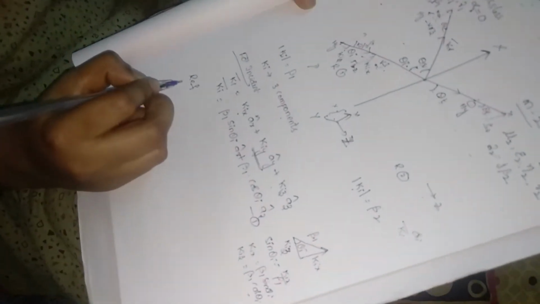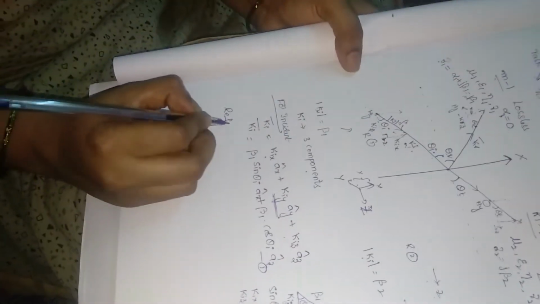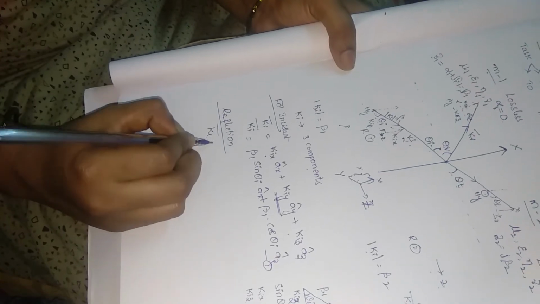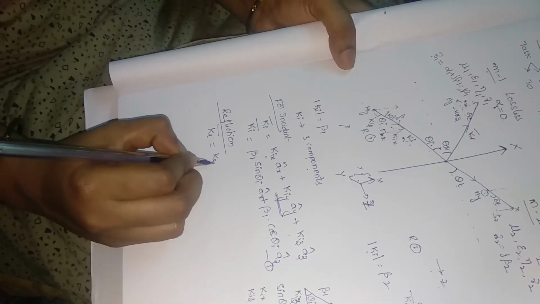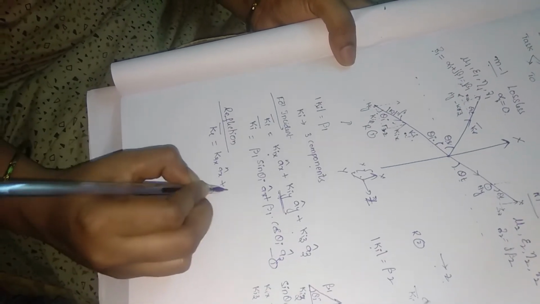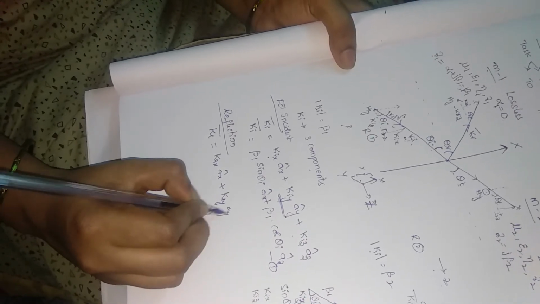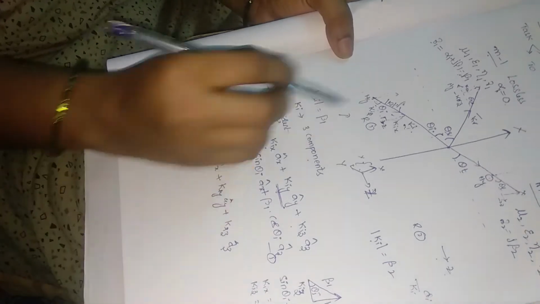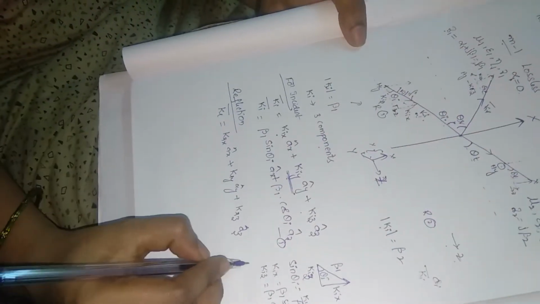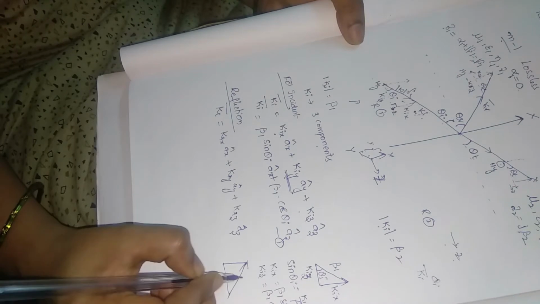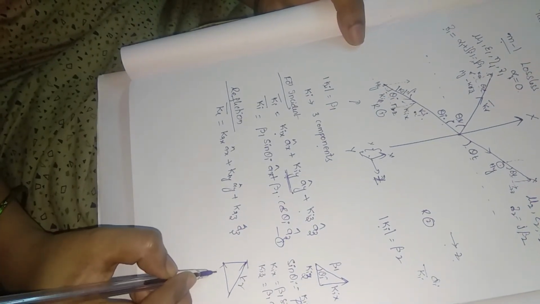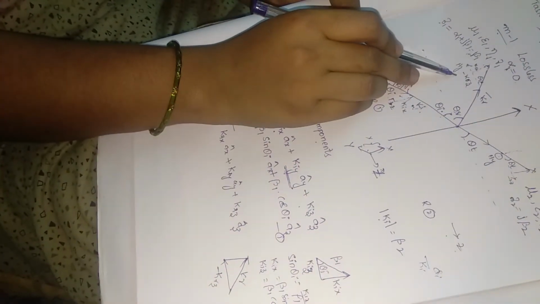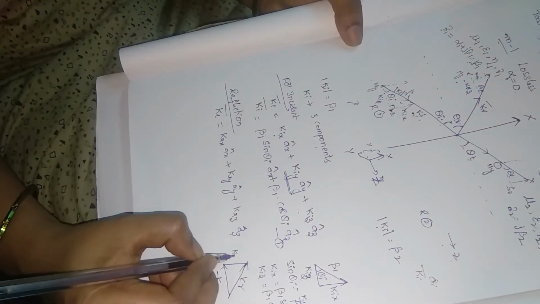Similarly, for reflection, the propagation vector kr bar is equal to krx ax cap plus kry ay cap plus krz az cap. From this triangle, this is kr, this is minus krz, because it is along the negative z axis, and here it is krx, with angle theta r.